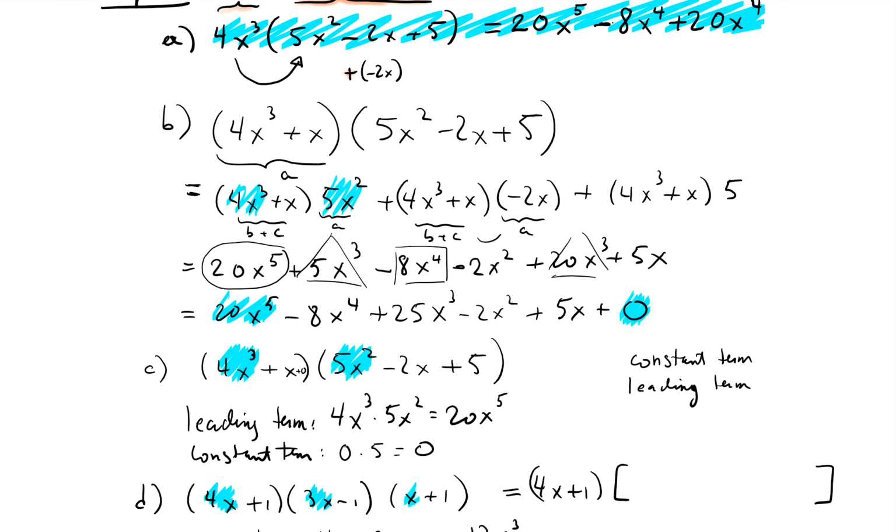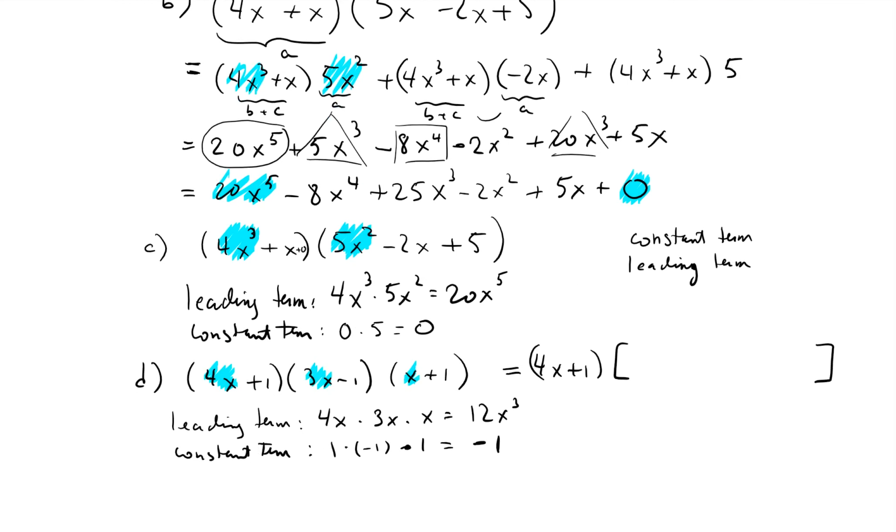In example B, you'll realize that to get every term that's present, I had to multiply this term by this, by that, by that, and this term by this, by that, and by that. So that's how I got 2 times 3, 6 terms overall. I can do the same thing here when you multiply. You could say it's going to be 3x times x, and then 3x times 1. So 3x times x is 3x squared, 3x times 1, 3x. That's essentially the same thing as doing 3x times x plus 1.